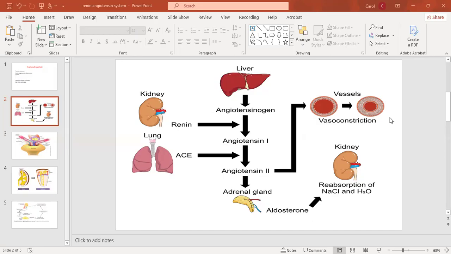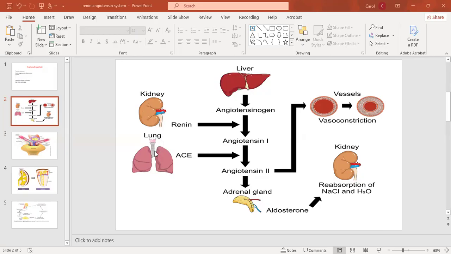First of all, let us look at the main organs that are involved in the control of blood pressure. First, we have the kidney. The kidney is involved in the formation of this enzyme known as angiotensinogenase, or the other name is renin. The second organ is the lung.